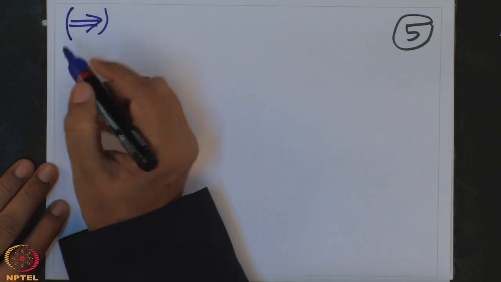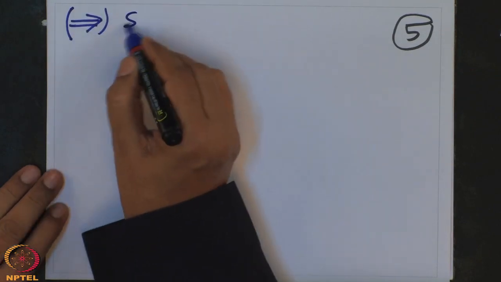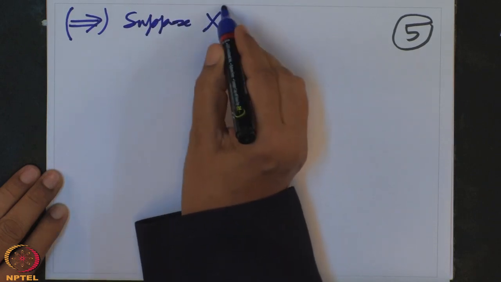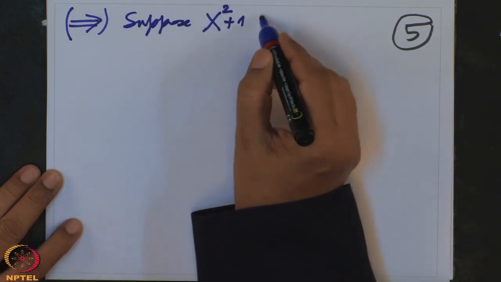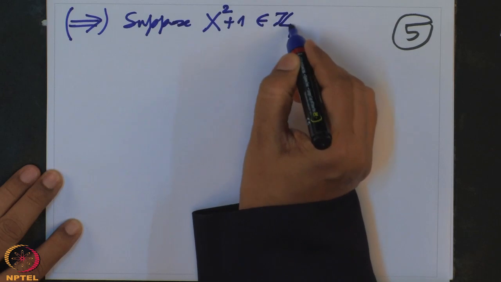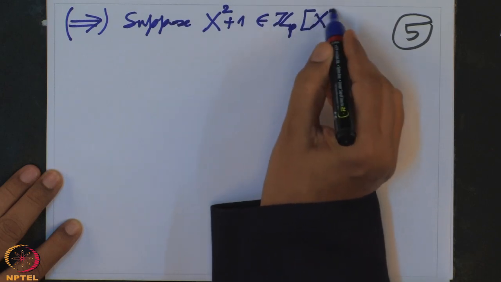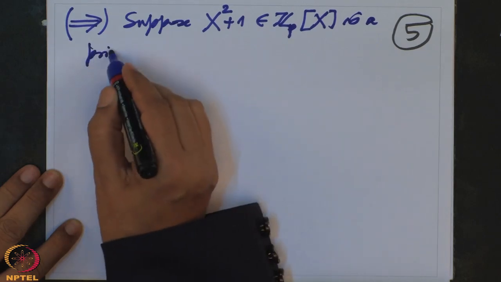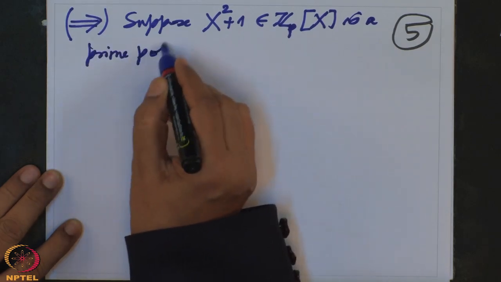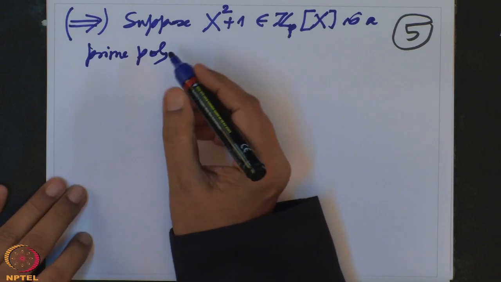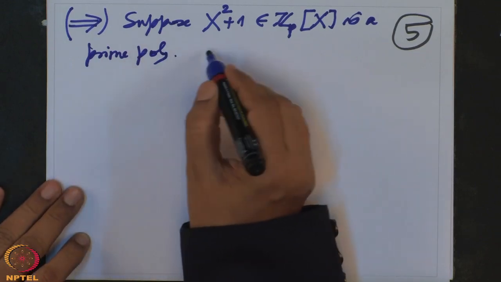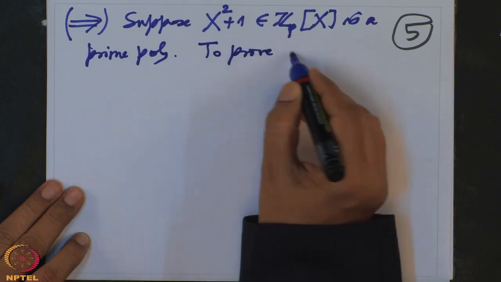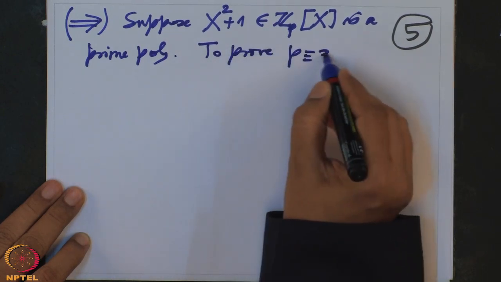So we want to prove this way. Suppose x square plus 1 in Z mod p[x] is a prime polynomial, and we want to prove from here that p must be congruent to 3 mod 4.